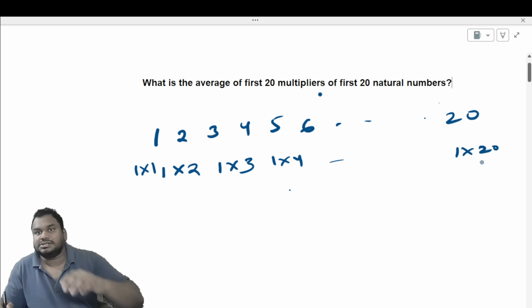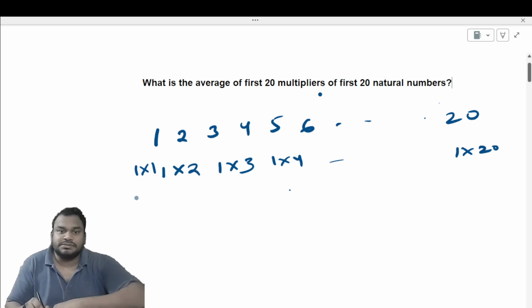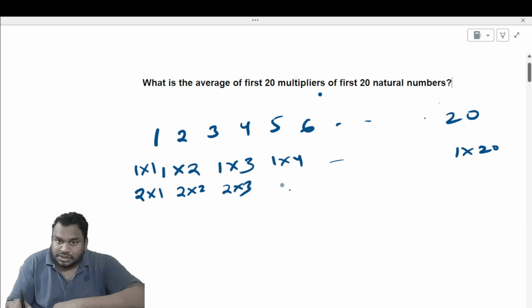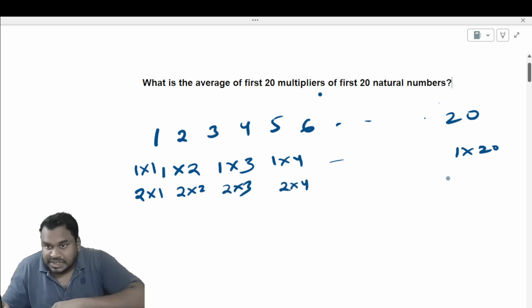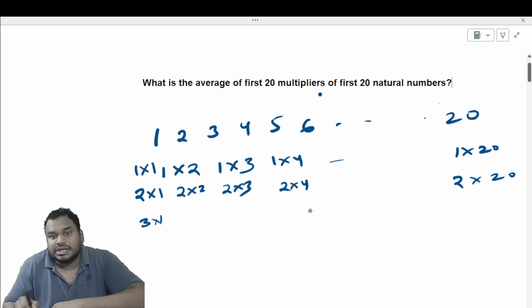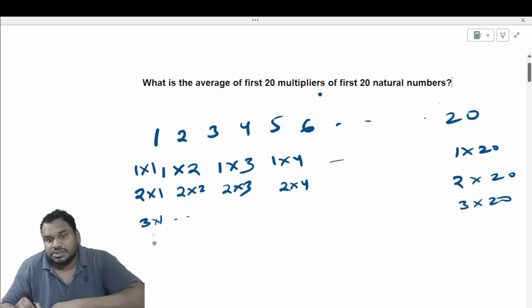So here you will get some numbers. Then again go for 2. 2 into 1, 2 into 2, 2 into 3, 2 into 4 until 2 into 20. So 3 into 1, like that, 3 into 20. So till 20 numbers this should continue.